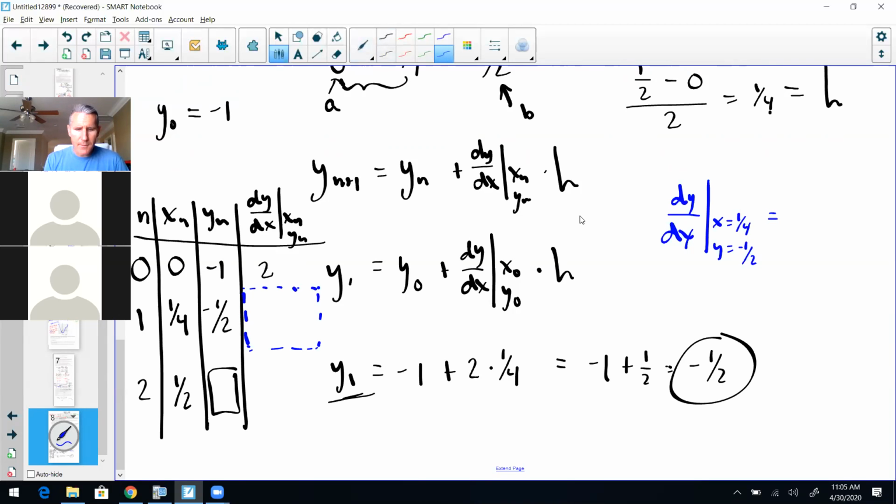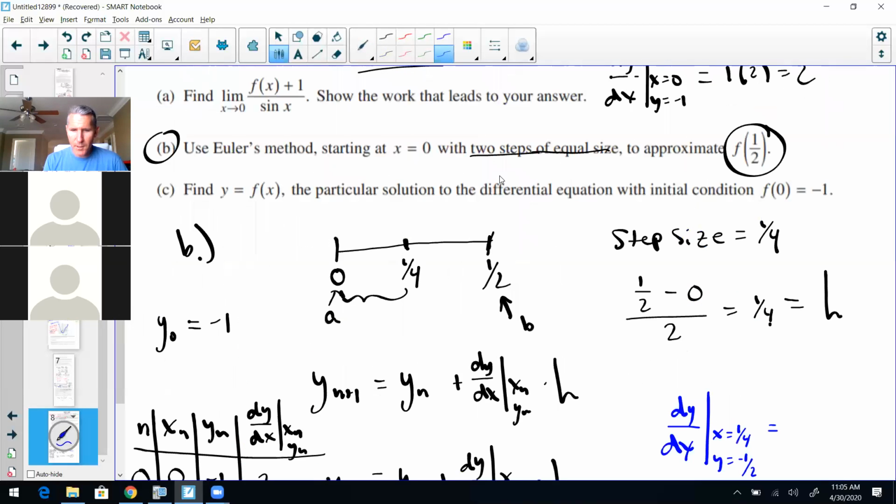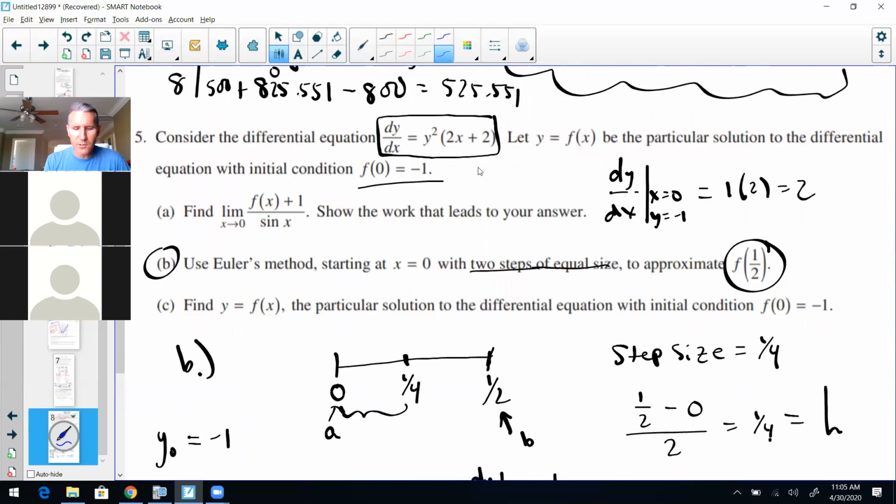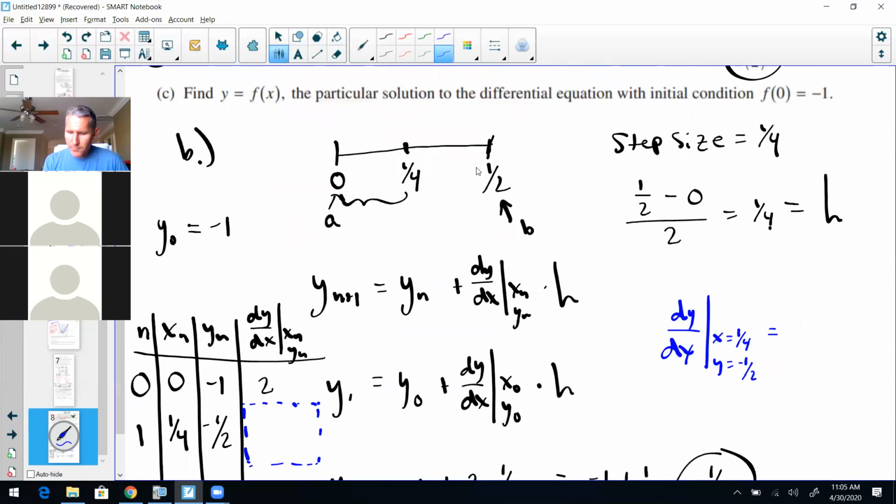So this is going to be, because I know my differential equation, or my dy dx, my slope, is y squared times 2x plus 2. Y squared, 1/4 times 2 times 1/4 plus 2. Okay, so this 1/4 comes from y squared, right?